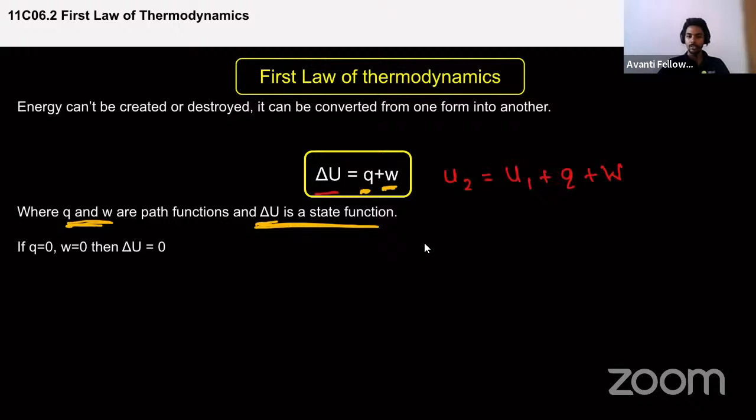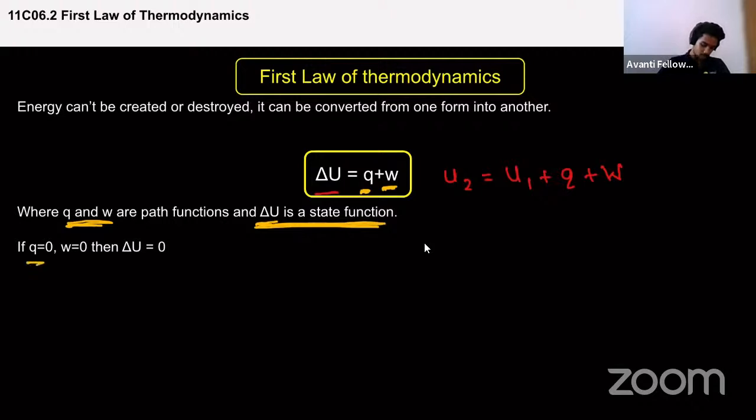Then the heat is not changing. The internal energy is changing directly due to work done on the system or by the system. It doesn't depend whether you are increasing or decreasing the internal energy based on heat energy or work energy. It is not depending on the path which you are choosing. That is the reason we call it a state function.